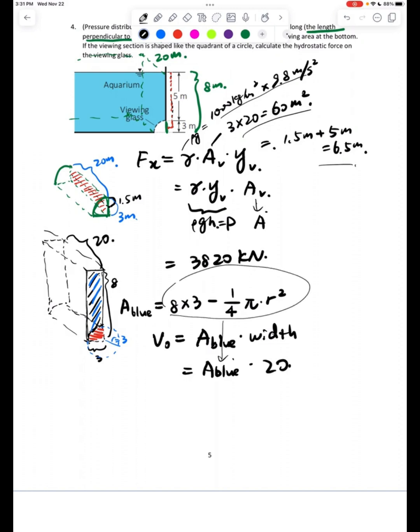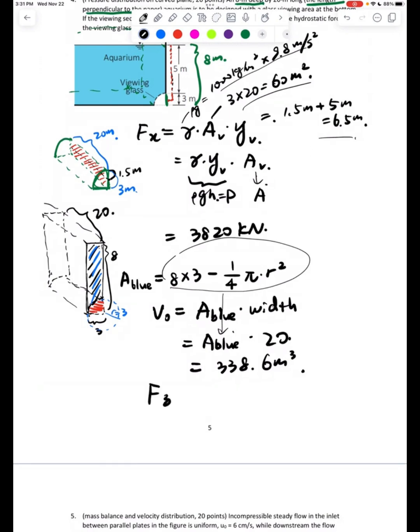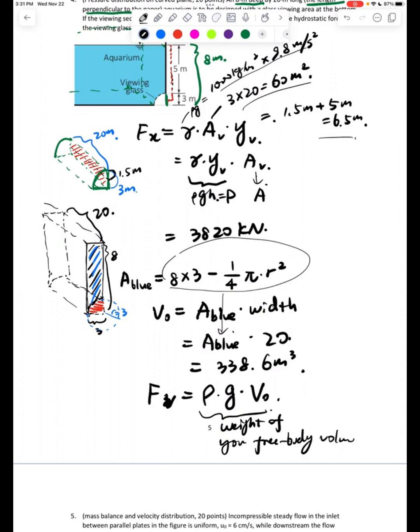What you get is 338.6 cubic meters. And then F vertical equals your rho multiplied by g multiplied by V0. This is the weight of your free body volume, which equals around 33110 kilonewtons. Then it's solved.